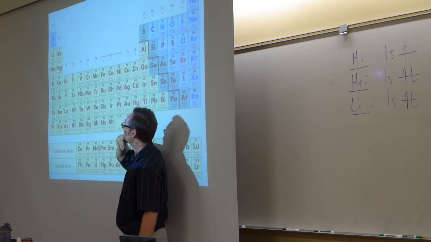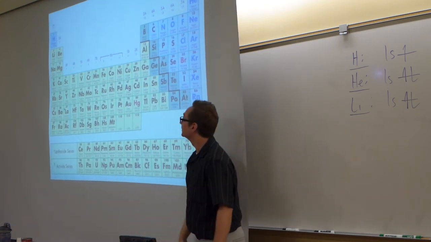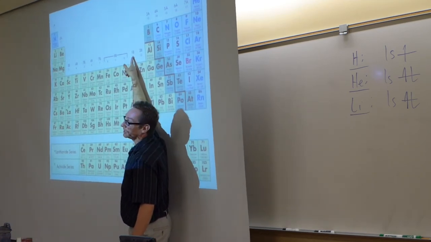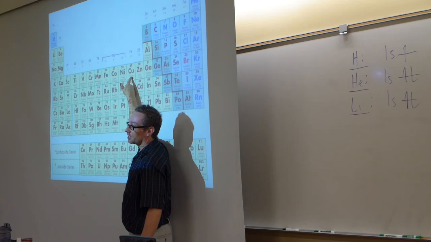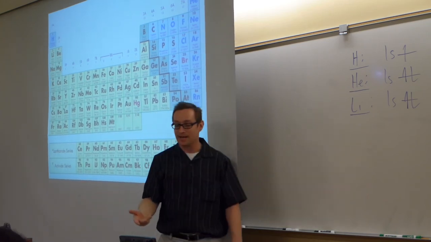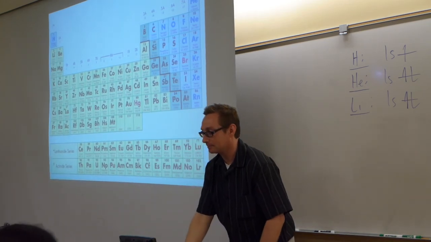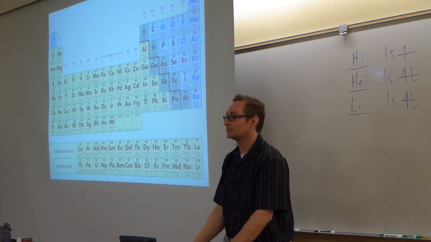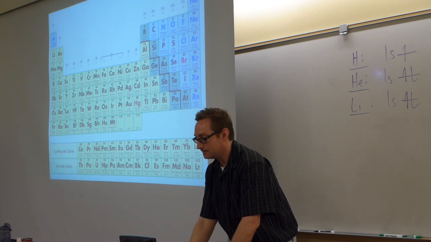Okay. Now check this out. How come it goes back to 1 again here for copper? And we'll talk about that. So we're digging a little more into the nitty-gritty of the periodic table and why it's laid out the way it is, right?